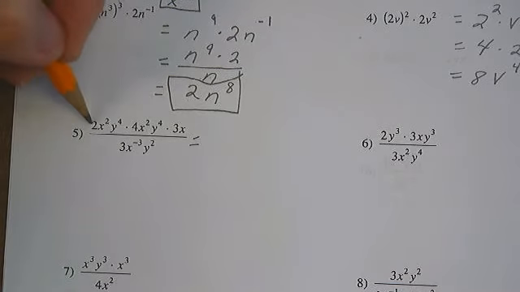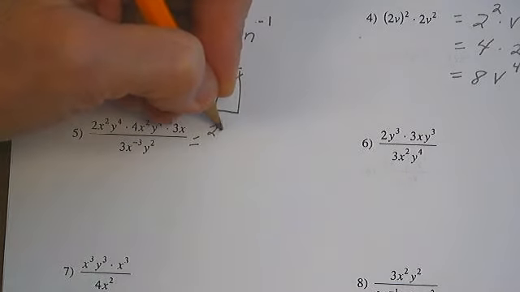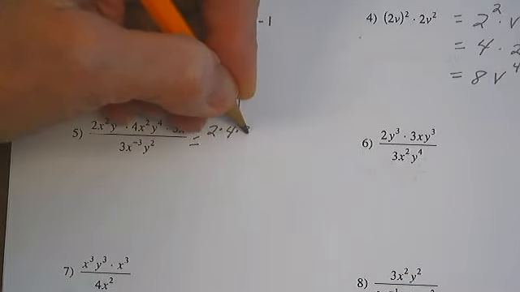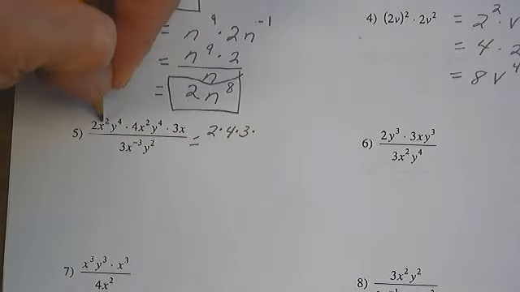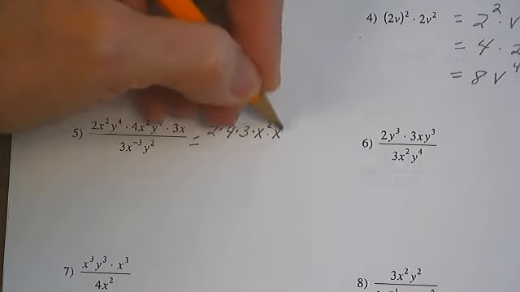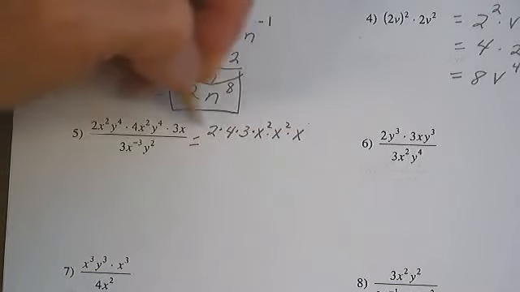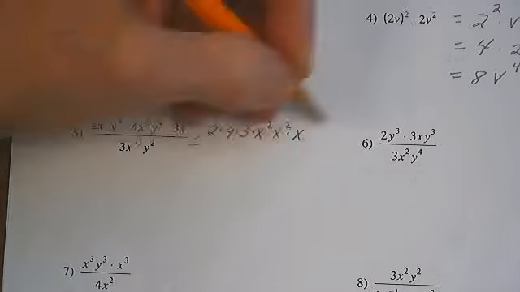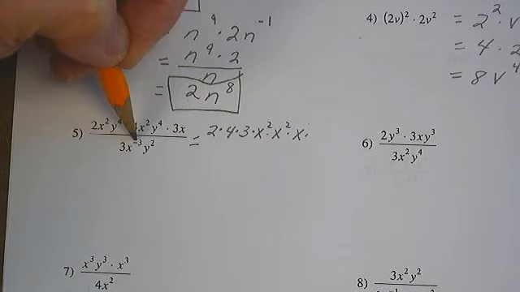First we have 2 times 4 times 3, so I will write that 2 times 4 times 3. Then I have x squared, x, and in the denominator I have x to the negative 3.